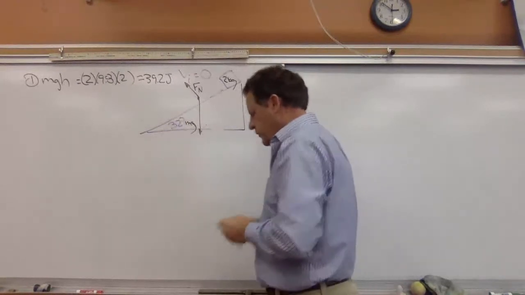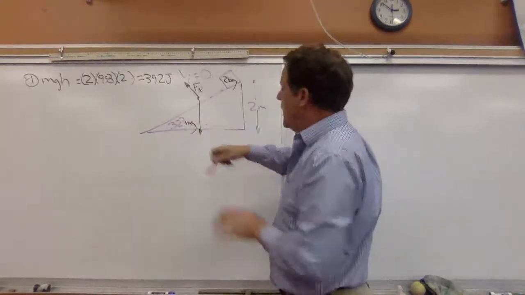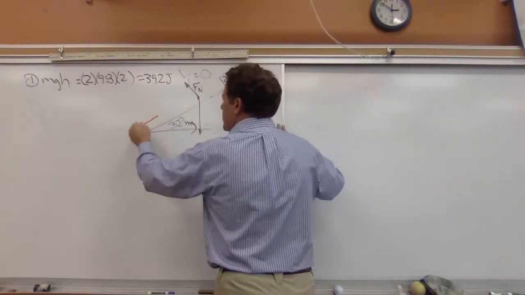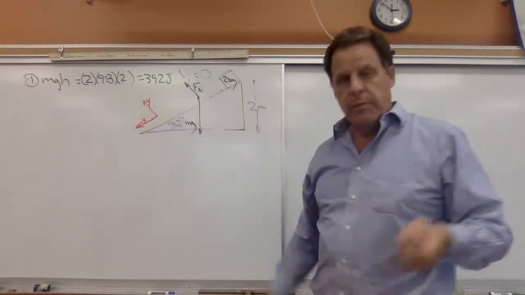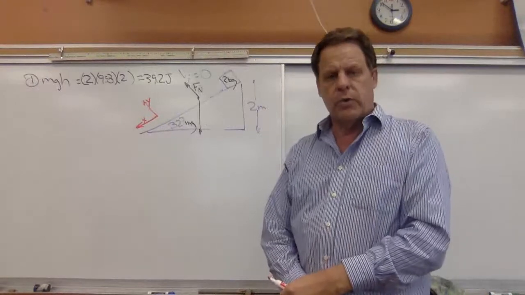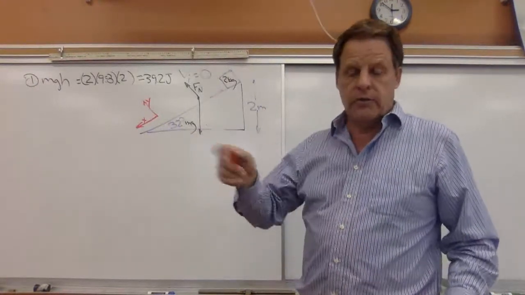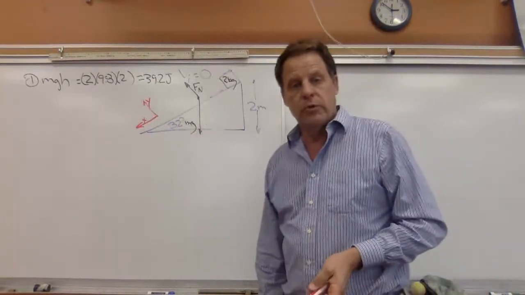We say that this direction is the x and this direction is the y. Remember, we want to choose a convenient xy coordinate system, so the x is going to be the direction it moves or potentially moves.